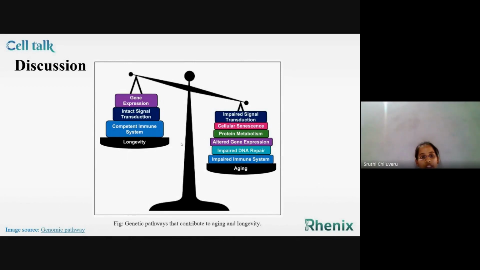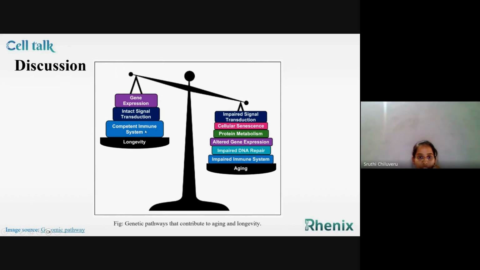When it comes to the discussion part, they identified the different types of genetic pathways and performed the balancing between longevity and aging. According to the image, we can find that there are three different types of pathways which are similar in longevity and aging.